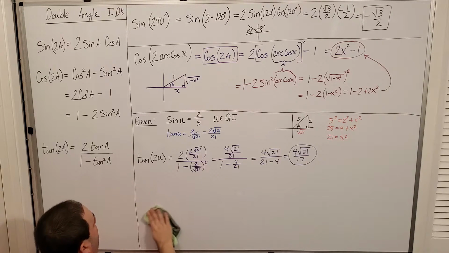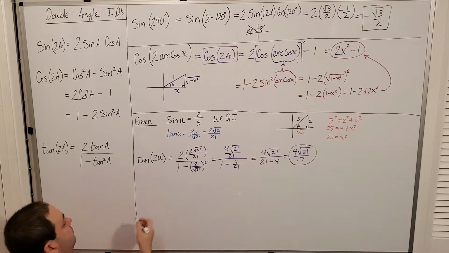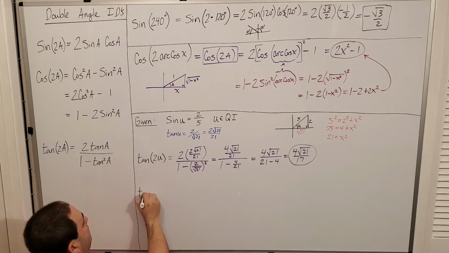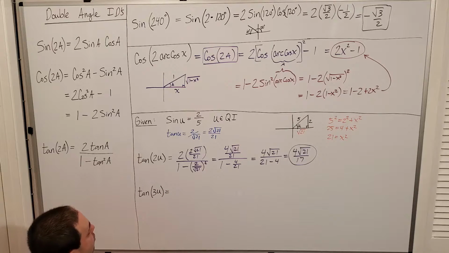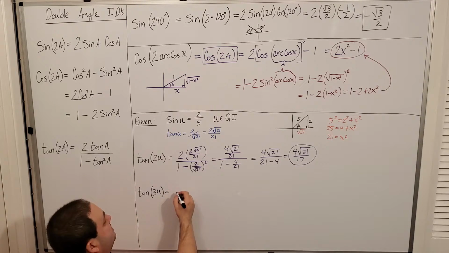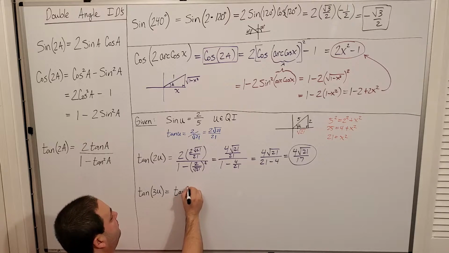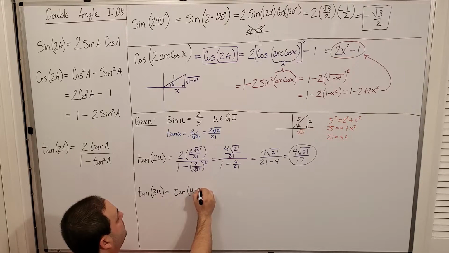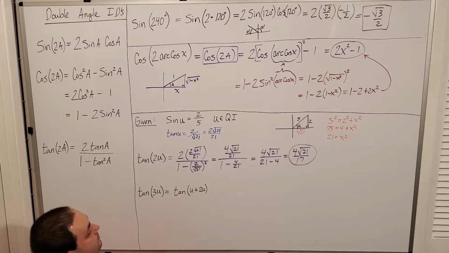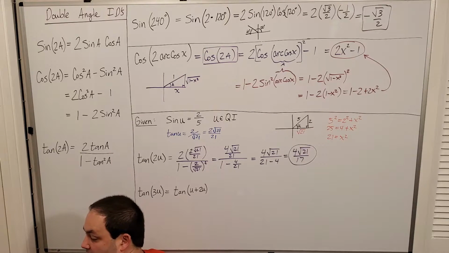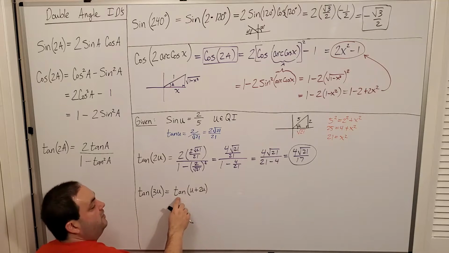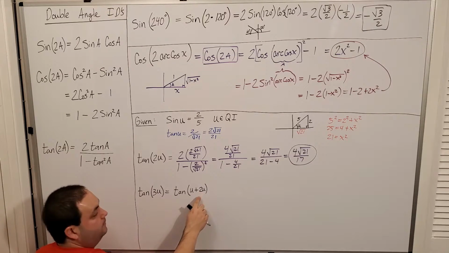Now the tangent of 3 times u. What I can do for this one is just say this is the tangent of u plus 2u, like this. And then I'll go back to the previous set of identities and do the tangent of a plus b.